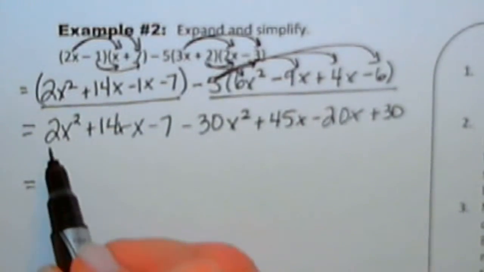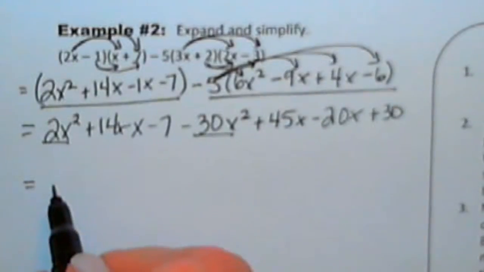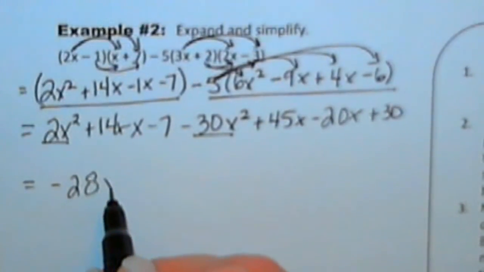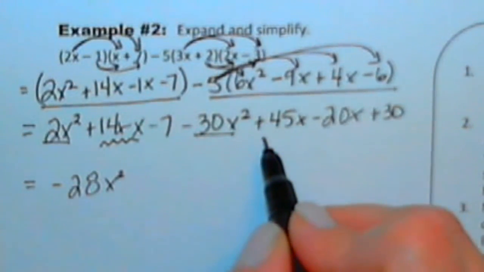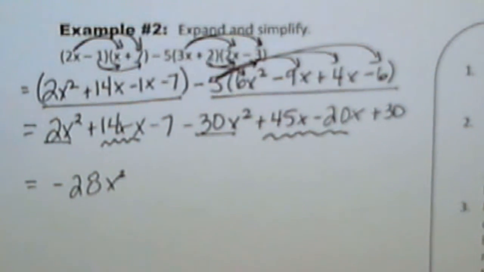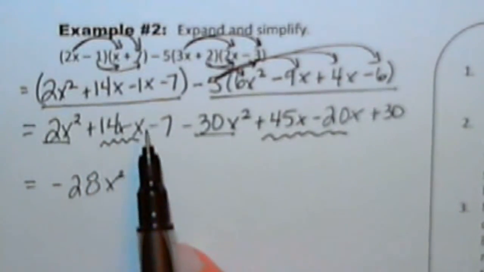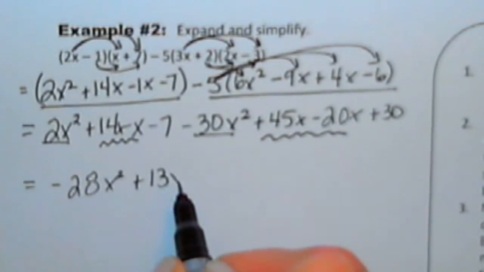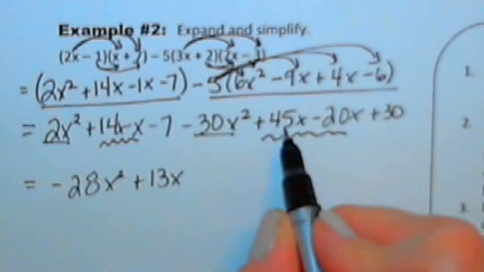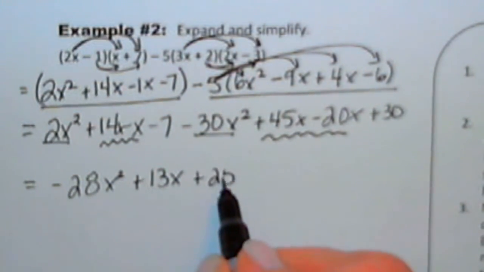Now let's combine like terms. Well, I have a 2x squared and a minus 30x squared. That's going to give me minus 28x squared. Now I've got 1, 2, 3, 4 x's to combine. So 14x minus x is plus 13x, and plus 45x minus 20x is plus 25x.